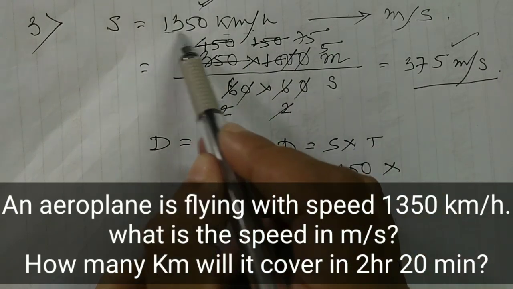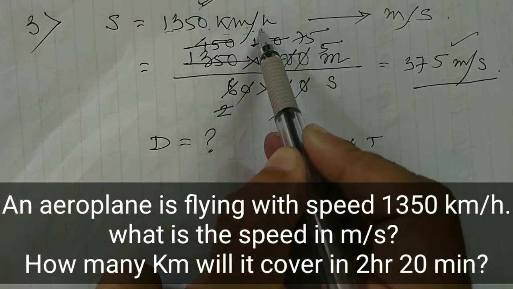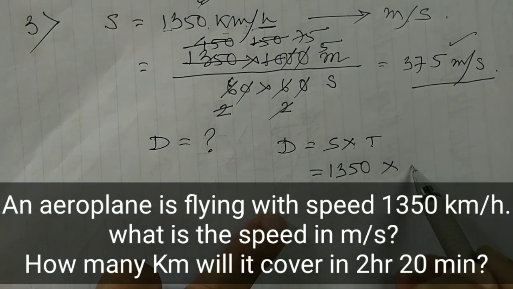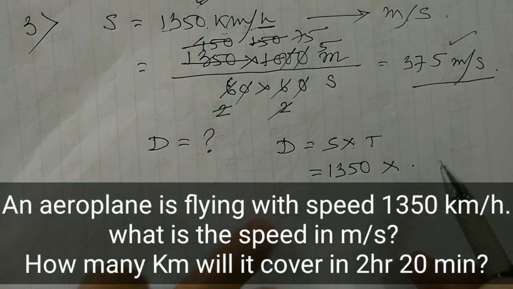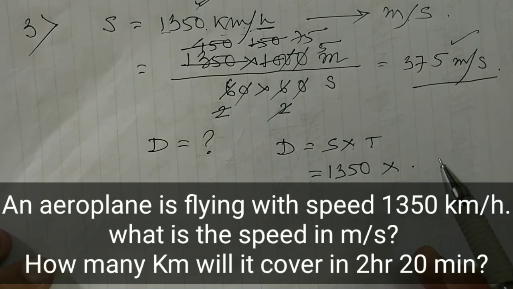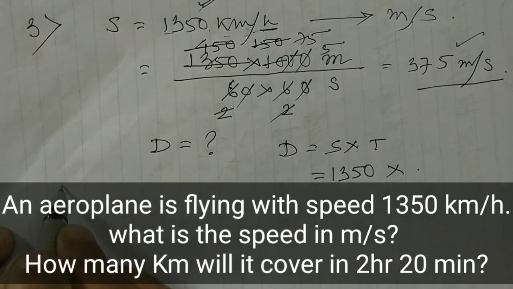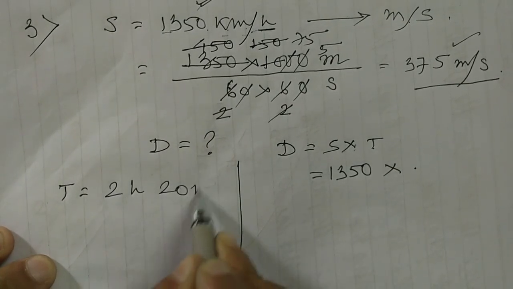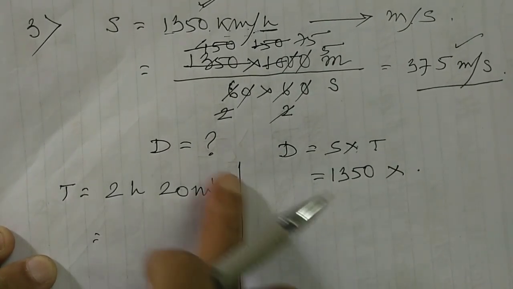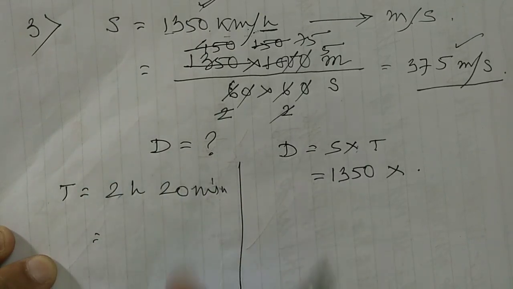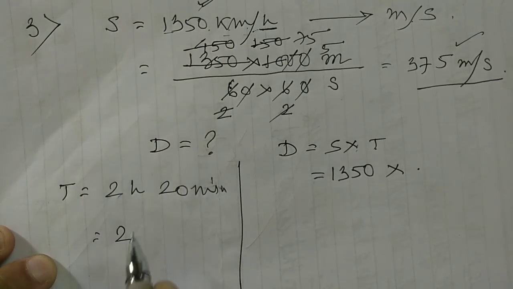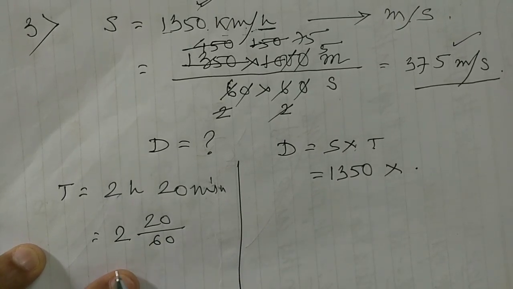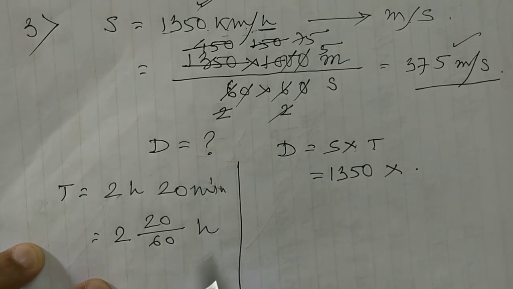Now, since the speed is in kilometer per hour, we have to put time in hours. But what is the time given here? Time is 2 hours 20 minutes. So time equals 2 hours 20 minutes. We need to convert the whole into hours. How to convert it? See, 2, then 20 minutes, 20 by 60. This is the technique to convert it completely into hours.